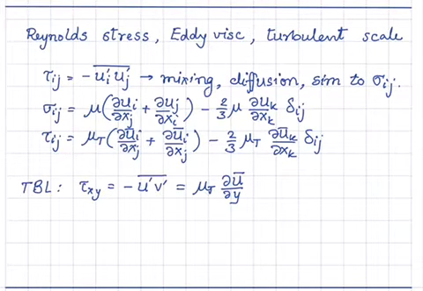Let's assume that it is an incompressible flow, so the divergence of velocity is identically 0. In a boundary layer, we know that the main velocity gradient is the wall normal gradient, d u bar dy. We also know that u increases with y, so this quantity is greater than 0.